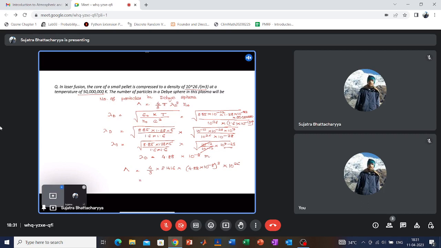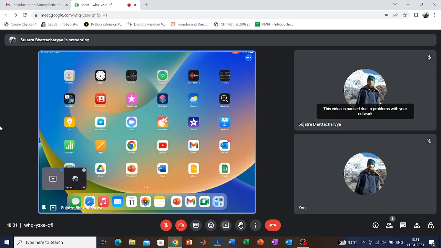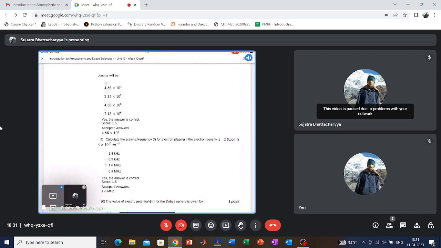So this comes out to be 486.79 into 10 square, that is 4.86 into 10 to the power 4. This is the number of particles in a Debye sphere. So just check it. Yes, 4.86 into 10 to the power 4 is the correct option.